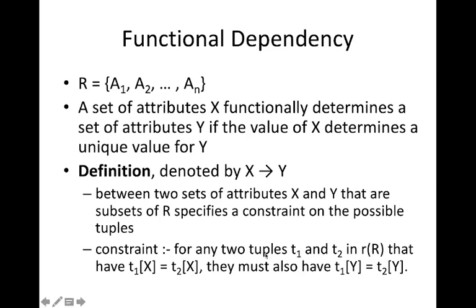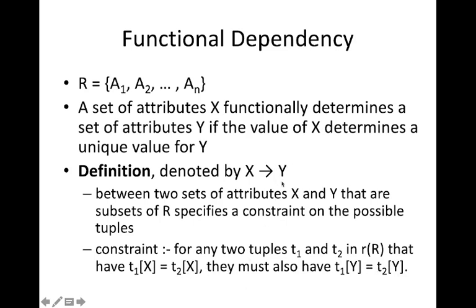So if there are any two rows T1 and T2 in r that have T1[X] equal to T2[X], that is, if we take the X attributes of the first row and the X attributes of the second row and they are the same, then T1[Y] should also be equal to T2[Y]. Then their Y values should also be the same.